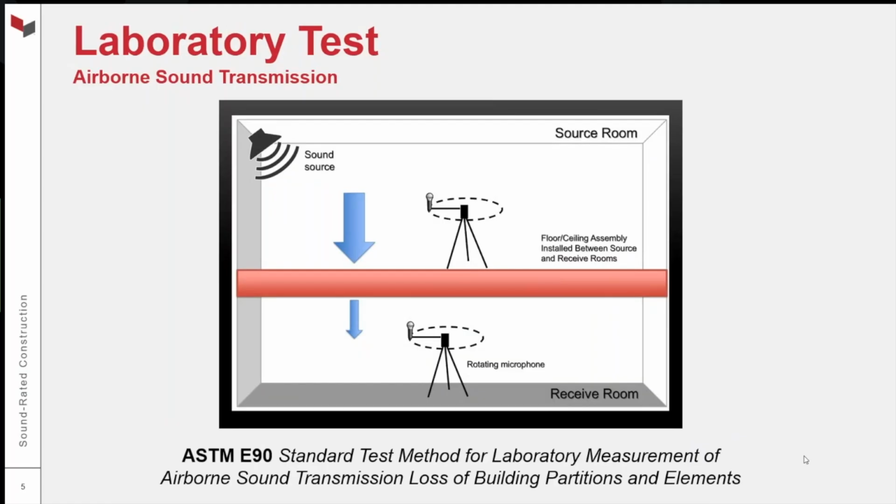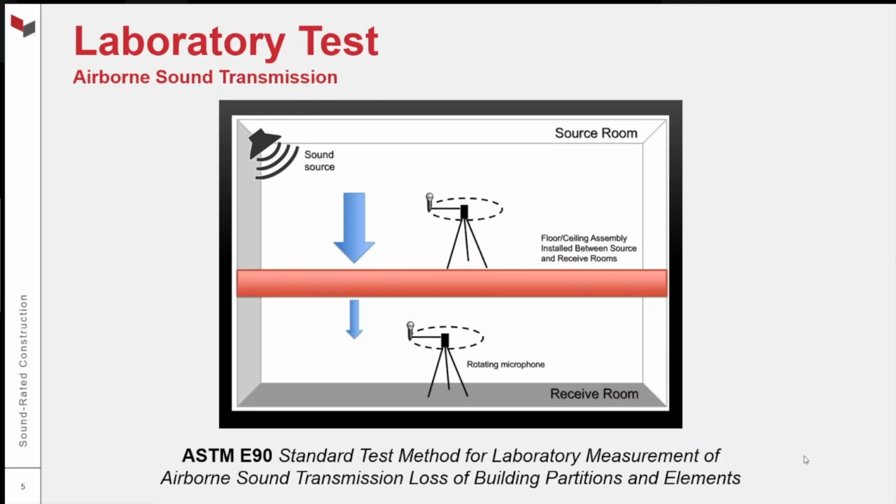The same exact test standard and method is used to test floor ceiling assemblies for STC. And that's kind of what's depicted here. In the case of testing a floor ceiling or a horizontal assembly, your source room is above the receive room. That red partition through the middle is your floor ceiling assembly under test. But the method is exactly the same as for walls.